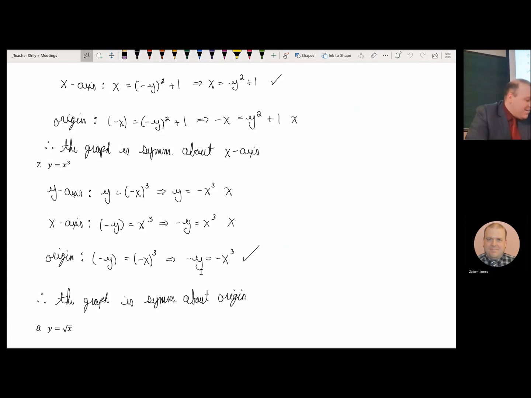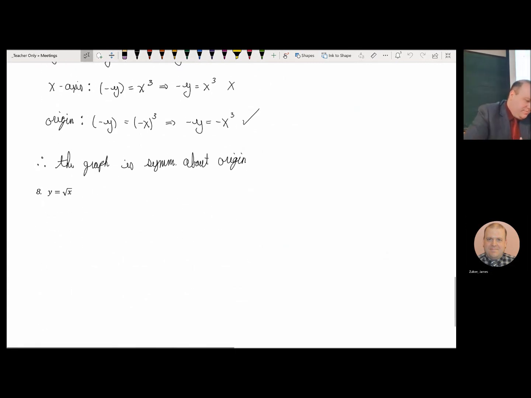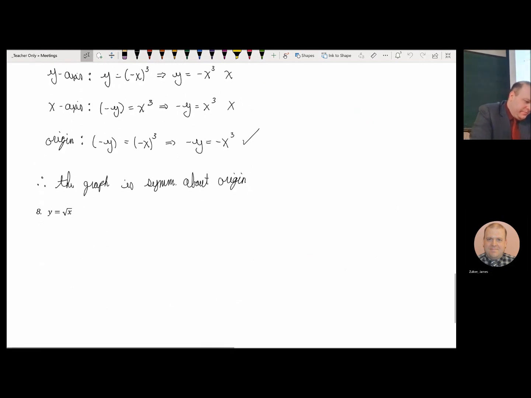What about y equals square root of x? Replace x with negative x.